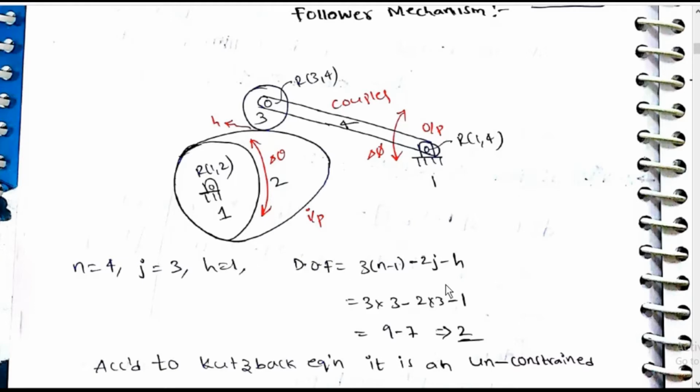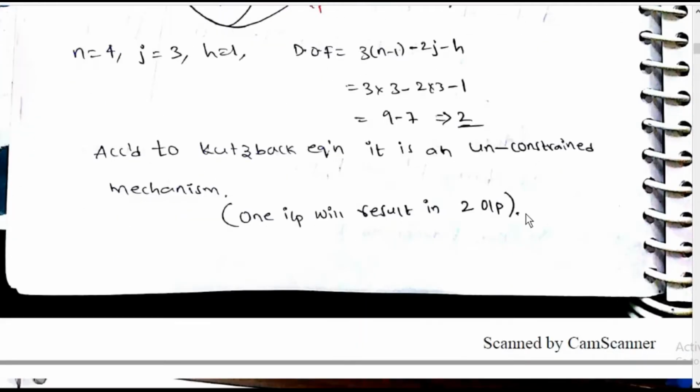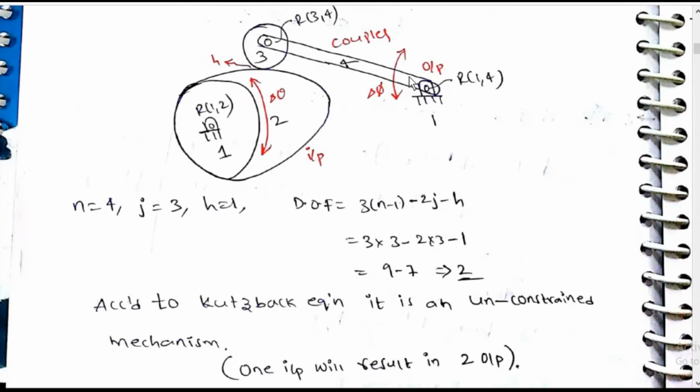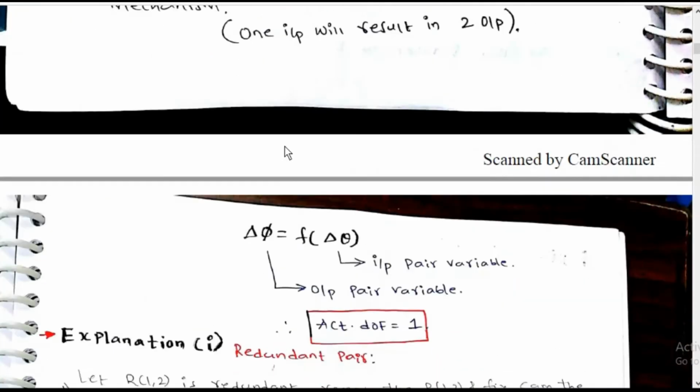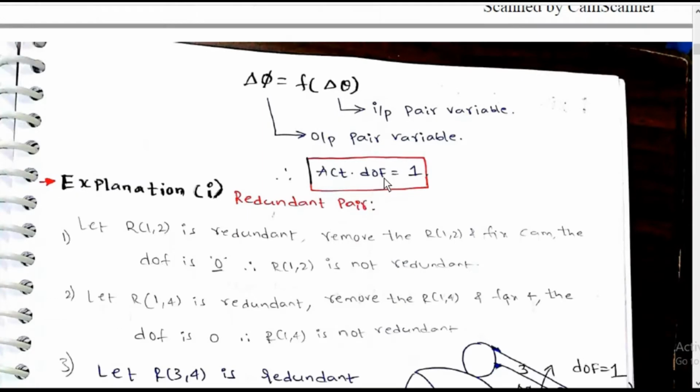Degrees of freedom is equal to 3 into (n minus 1) minus 2j minus h, is equal to 3 into 3 minus 2 into 3 minus 1, is equal to 9 minus 7, is equal to 2. According to Kutzbach's equation, it is an unconstrained mechanism. One input will result in two outputs. But delta phi is a function of delta theta. Input-output pair variable, input pair variable. Actual degree of freedom is equal to 1.